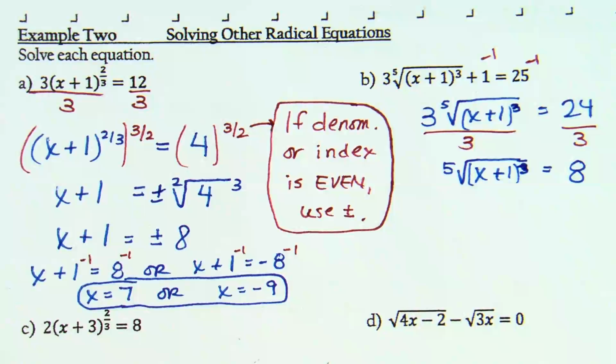I can teach this 2 different ways at this point. One option, and this is what the book would do here, is they're going to take it back to a fraction exponent. They're going to write this as x plus 1 to the what power? 3 over 5. And then they will use the reciprocal power to work with it.